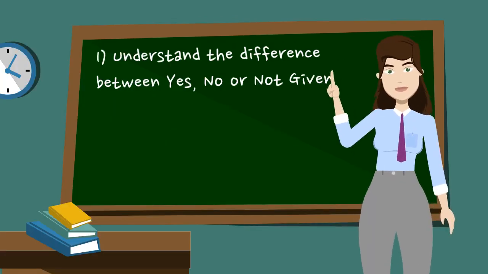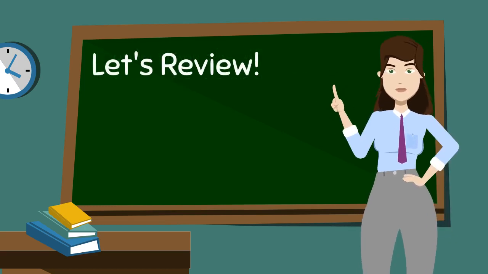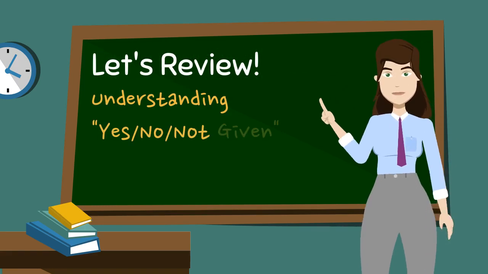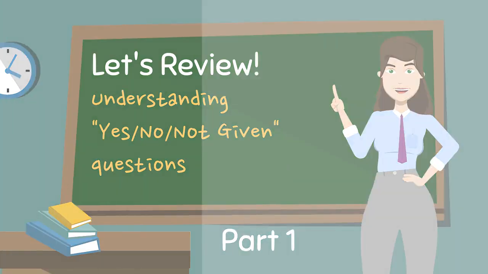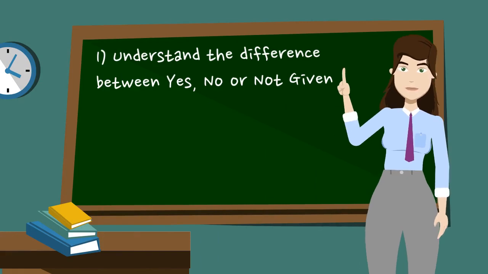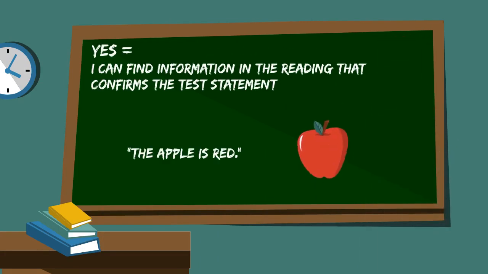To understand the difference between yes, no, or not given, let's review what we learned in Understanding Yes, No, Not Given Questions, Part 1. So what does yes, no, not given really mean? Yes, I can find information in the reading that confirms the test statement.